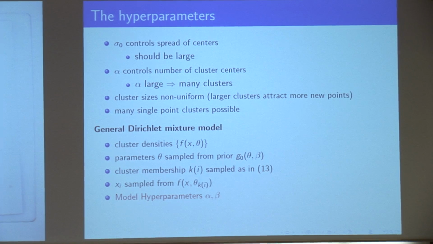If I have no idea where the cluster centers should be, I should just take a large sigma for the prior over the Gaussians. And that has nothing to do with alpha, which describes the granularity. So I can choose them independently. In the general case, I'm going to assume that these f's could be something other than Gaussians.